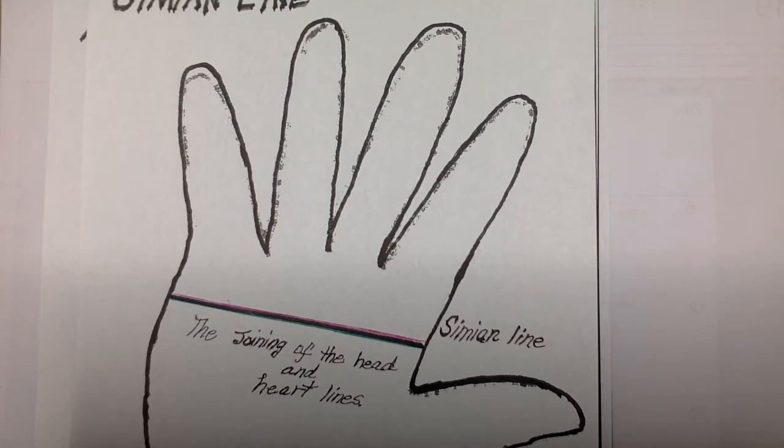When the head line and the heart line merge together as one line, as in this example, it is called a simian line. This line could be found on the left hand, the right hand, or both hands. It is found only on a small percentage of hands because of the joining of both the head and heart lines.